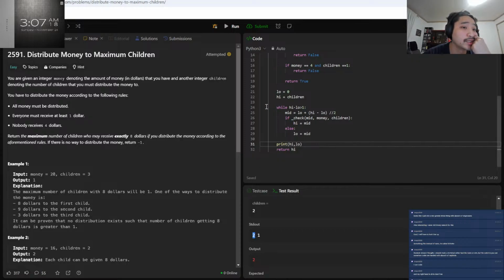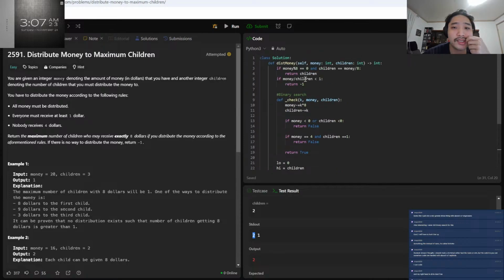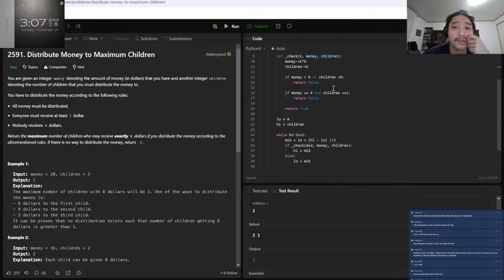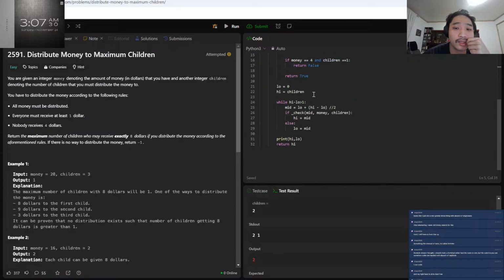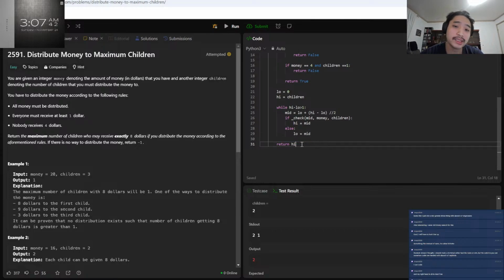Forget the edge cases where it's the maximum. Yeah, so I don't need to worry about that. Because the high is never changed and high equals children. So return if not high equals children.